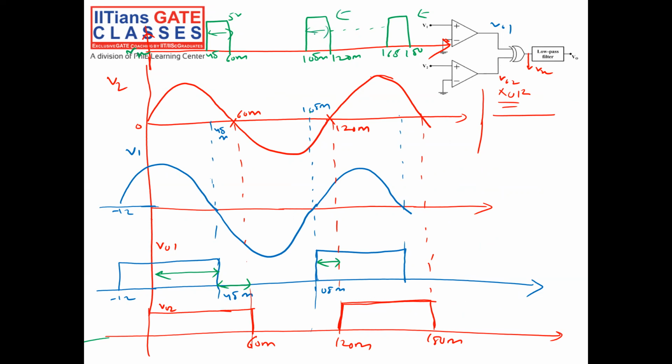From here at this point I get the DC, fundamental, second harmonic, third harmonic, but only the DC will be passed, and the fundamental, second harmonic, third harmonic will all be blocked. So I'll get DC of Vx, nothing but 1 volt, at the output.